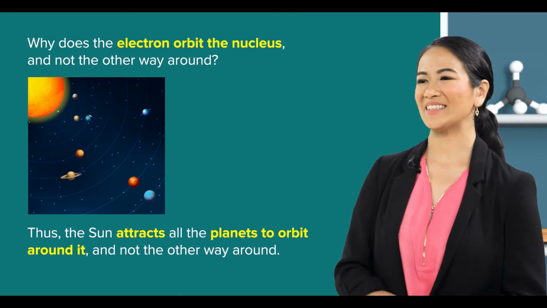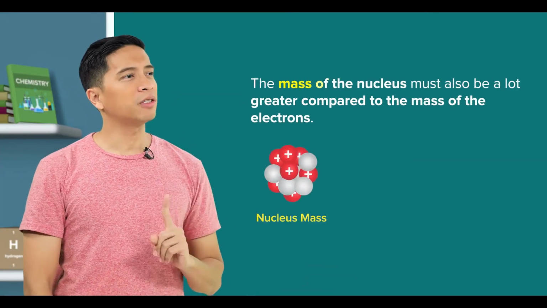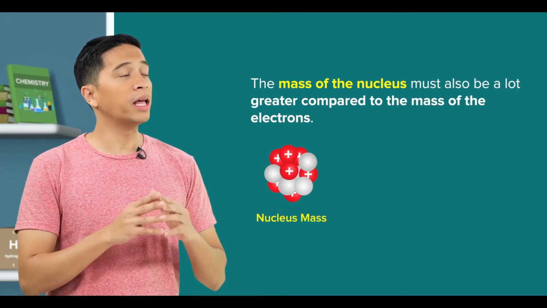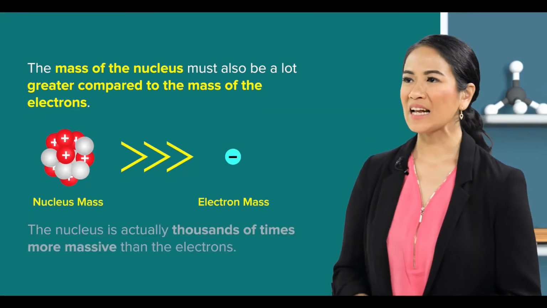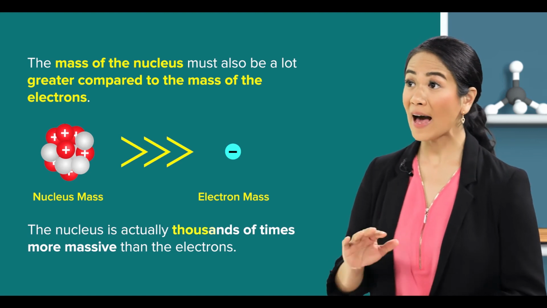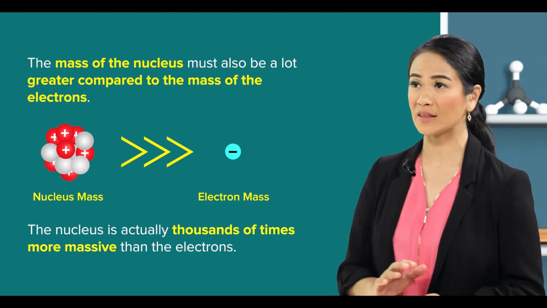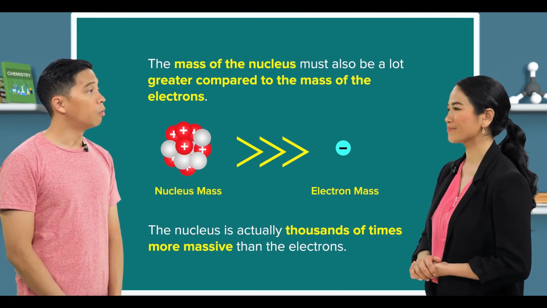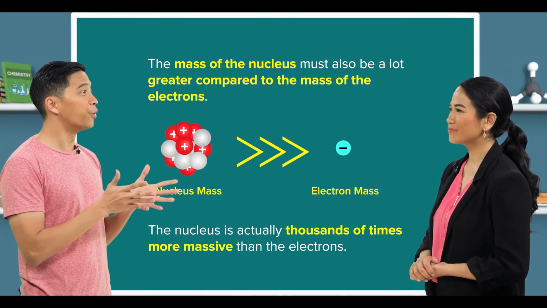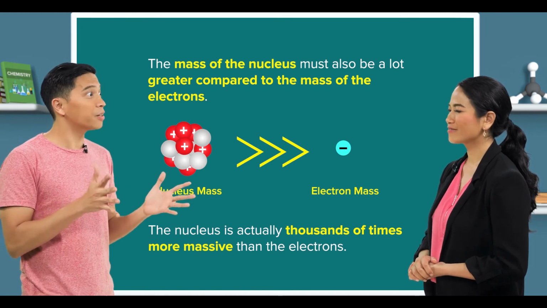Yes, that's right. I see. Then the mass of the nucleus must also be a lot greater compared to the mass of the electrons. Yes, the nucleus is actually thousands of times more massive than the electrons. Wow, I didn't know the nucleus is that massive.